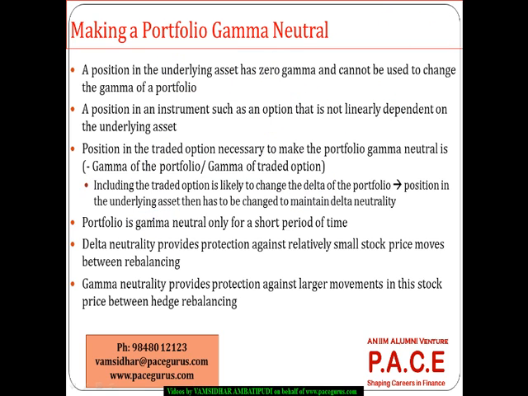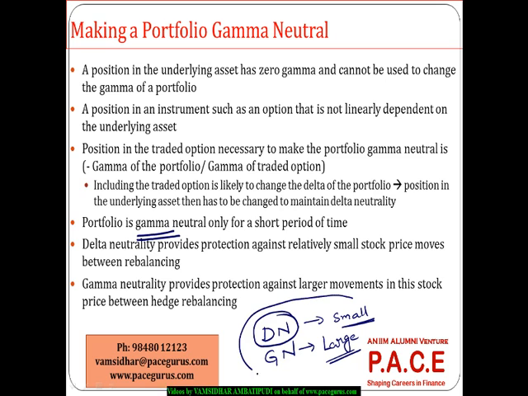But just like the way we understood the delta, the portfolio is gamma neutral only for a short period of time, which means dynamic rebalancing is very much necessary. The only advantage of making the portfolio both delta neutral as well as gamma neutral is that delta neutral tries to protect against small stock price changes, whereas if a portfolio is gamma neutral as well, it is protecting your portfolio against the large changes in the stock also.